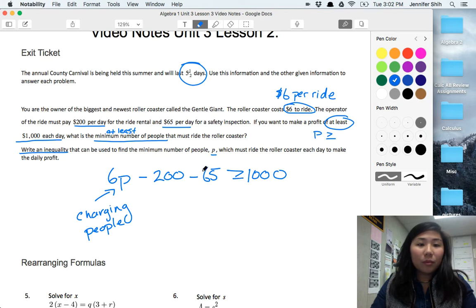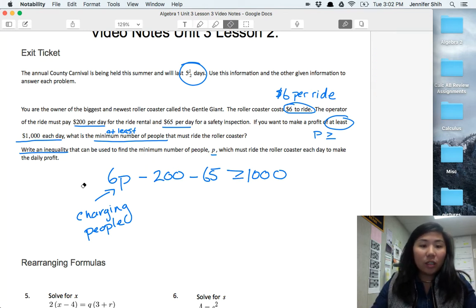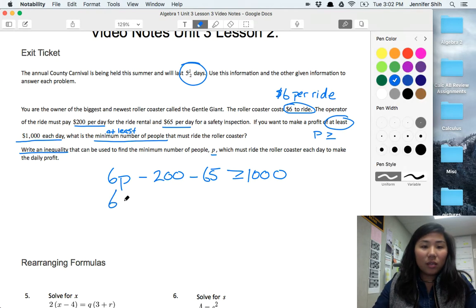So, okay. What we're going to do is we can solve this part now. So we have 6p minus, I'm going to combine these. Negative 200 plus negative 65 is negative 265.